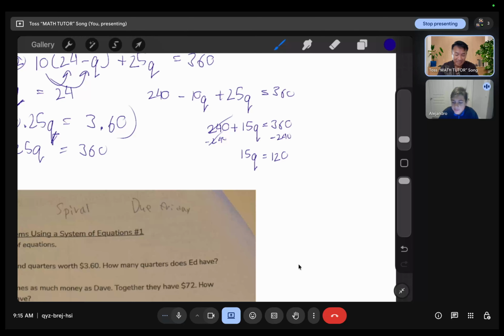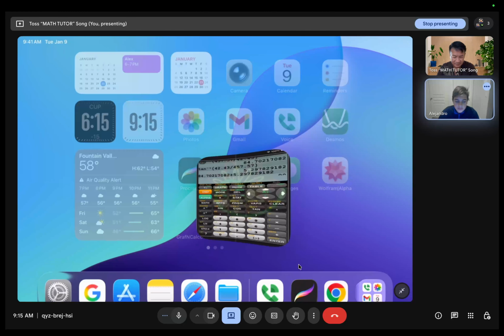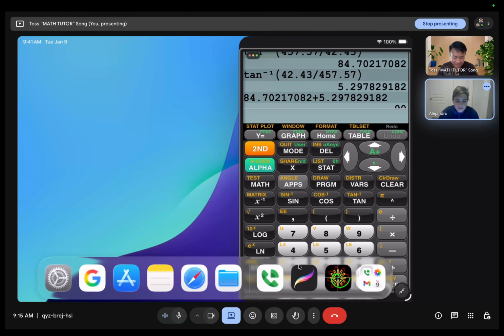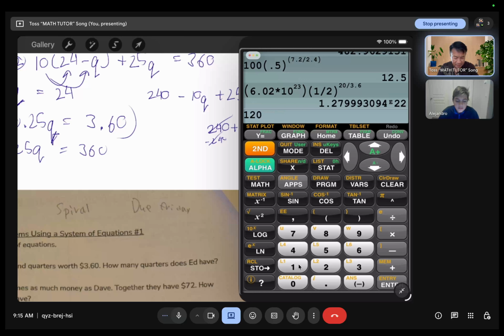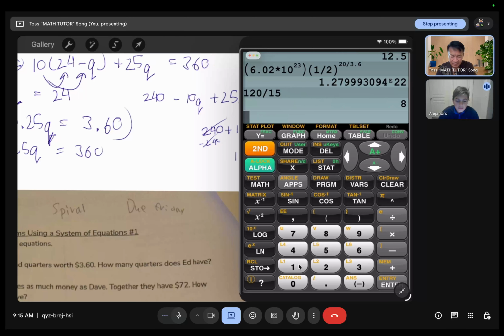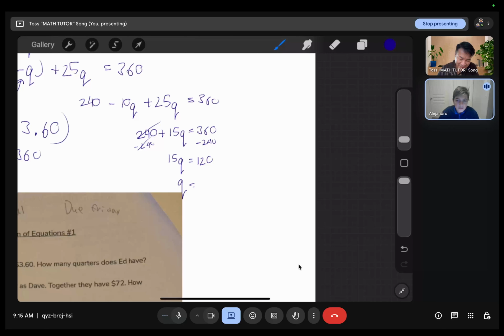Now you can use a calculator a bit to speed things up. Now, there's something about this too. Let's have a look. 120 divided by 15, it'd be 8. Now, so there are 8 quarters. Okay, 8 quarters.